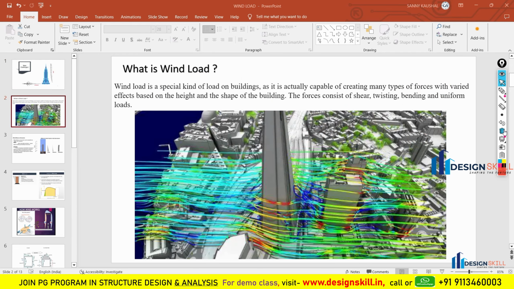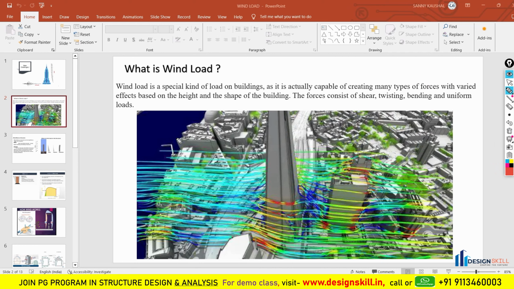We will talk much more about the wind load, but first we will study what wind load is. Wind load is a special kind of load on buildings, as it is capable of creating many types of forces with varied effects based on the height and shape of the buildings.